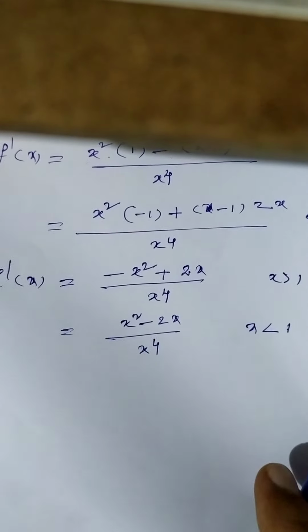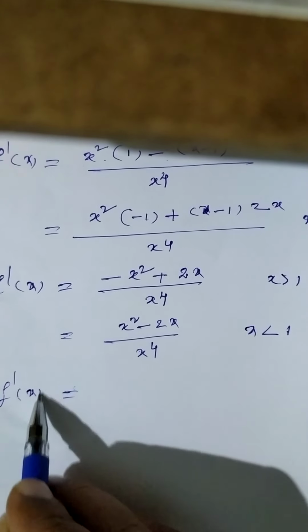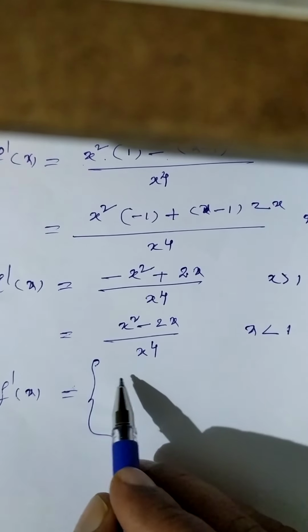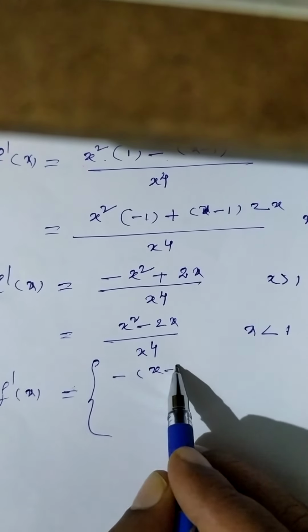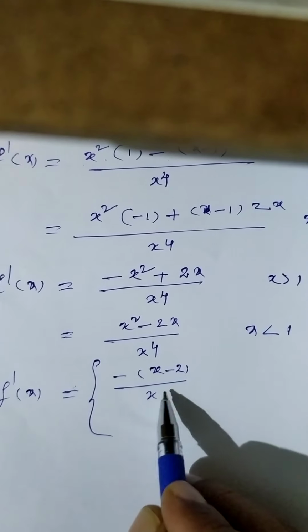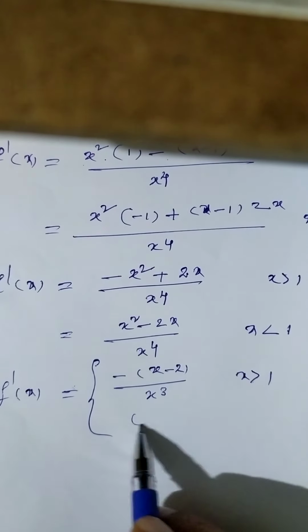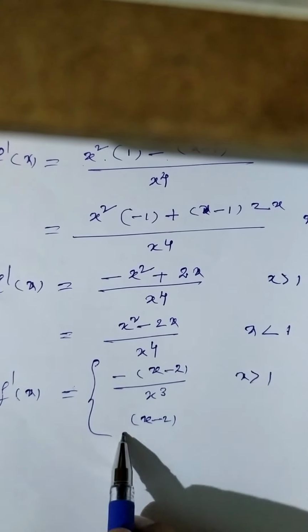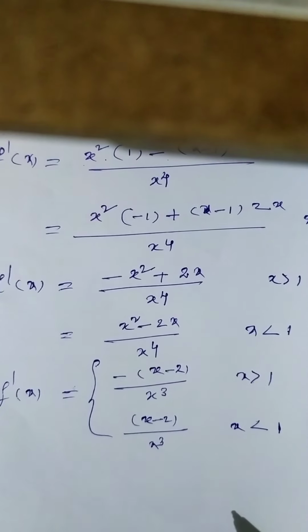Taking x common, we get f dash of x is equal to minus of x minus 2 by x cube for x greater than 1, and x minus 2 by x cube for x less than 1.